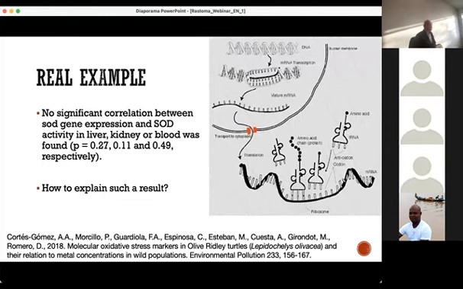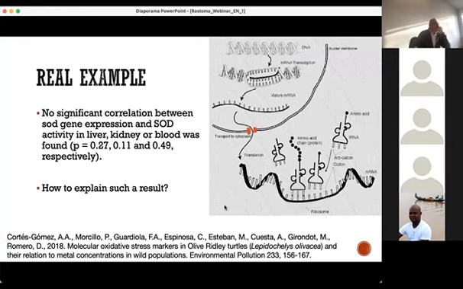Let's take a real example. This is a work done by Adriana Cortez. Adriana Cortez is an ecotoxicologist. She works on marine turtles in Mexico, on olive ridley turtles, and she has found something very strange. Let me explain.